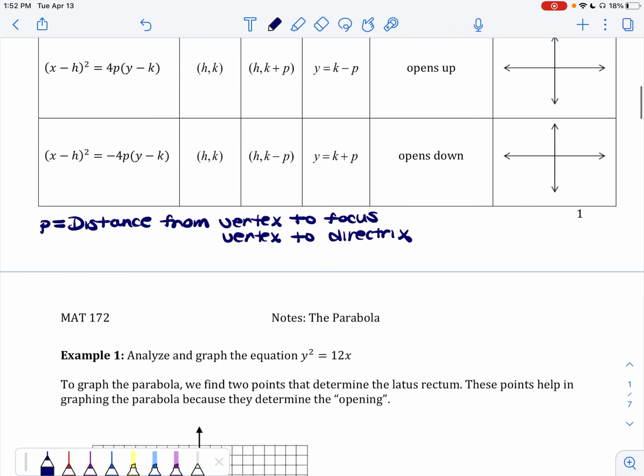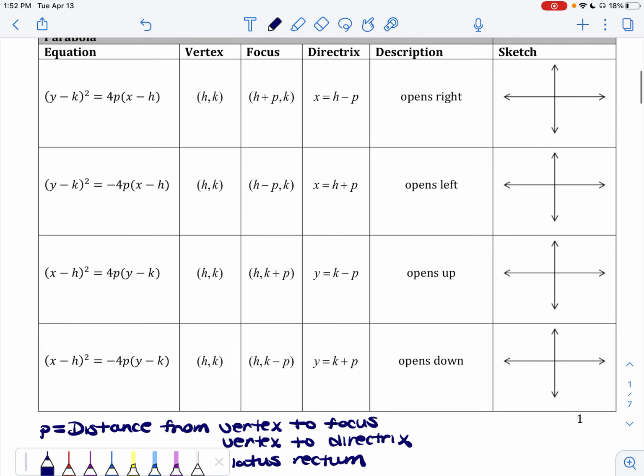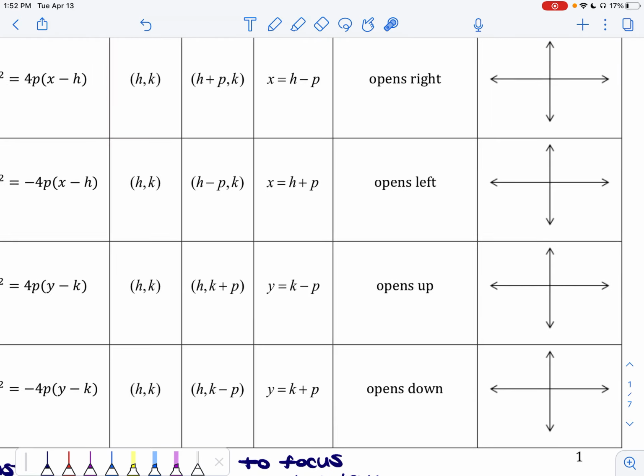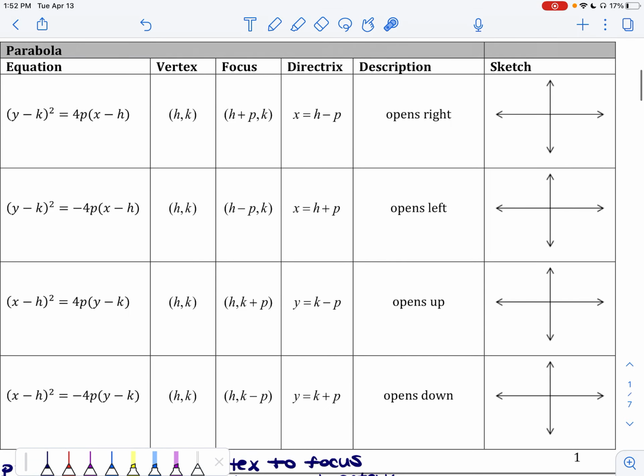The whole 4p is going to tell you the length of the latus rectum. The other important thing here is that the h and k in this equation is always going to tell you where our vertex is.